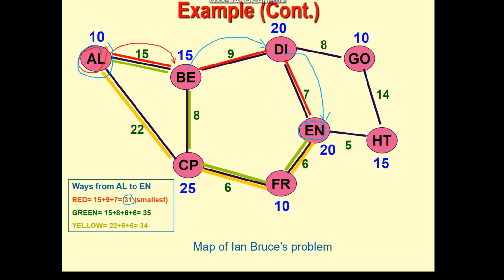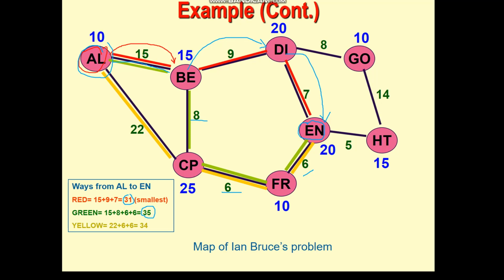We also can have another way to go to EN from AL: from AL to BE, then from BE go to CP, CP go to FR, then FR go to EN. Following the green line, the distance is 15 plus 8 plus 6 plus 6, so the total is 35.